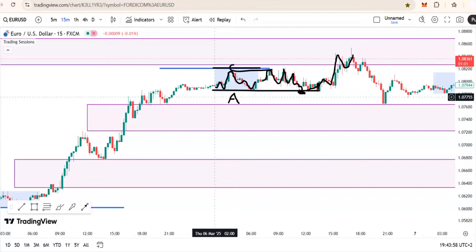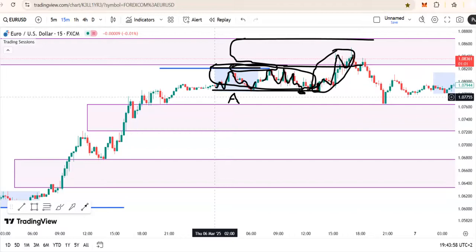Towards the 4-hourly swing high, buy side liquidity, and also this daily bearish fair value gap zone. So in this case, this was our accumulation, this was our manipulation toward this higher time frame PD area, and then what happened in the New York session?